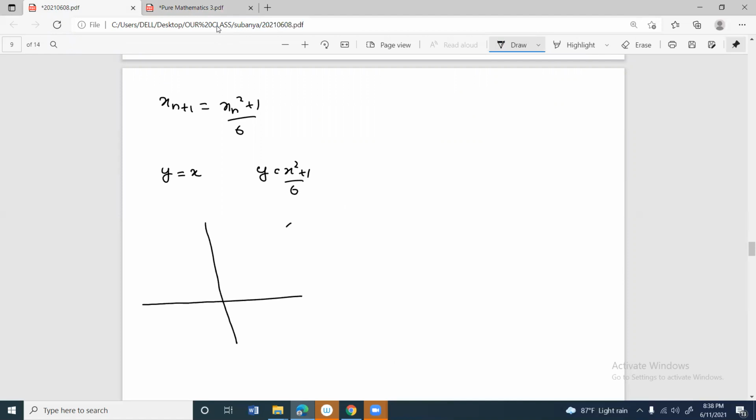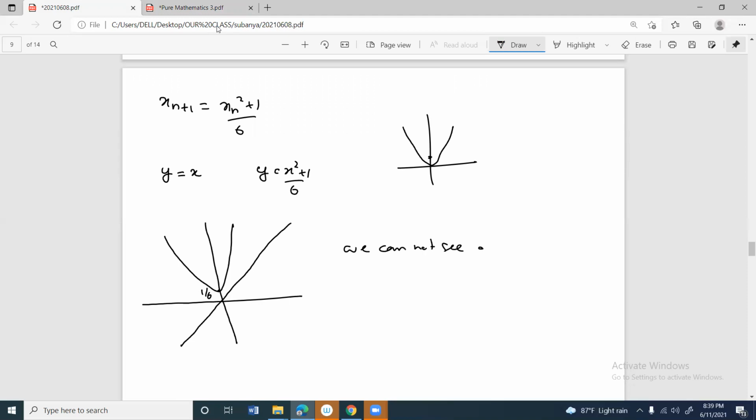y equals x is a line, and this is x squared. If you draw the y equals x squared graph, it is like this, and plus 1 over 6 means it is shifted up to a point over here, passing through 1 over 6 on the y-axis. Now between these two graphs, we cannot see an intersection.